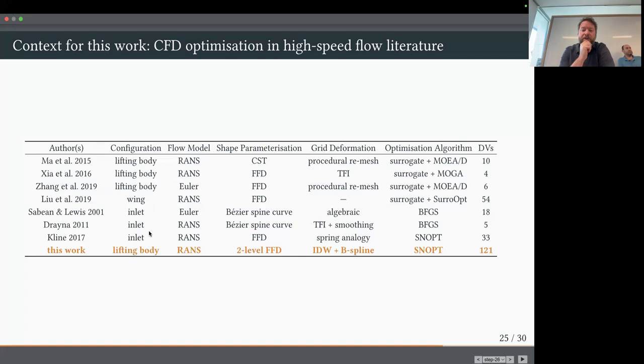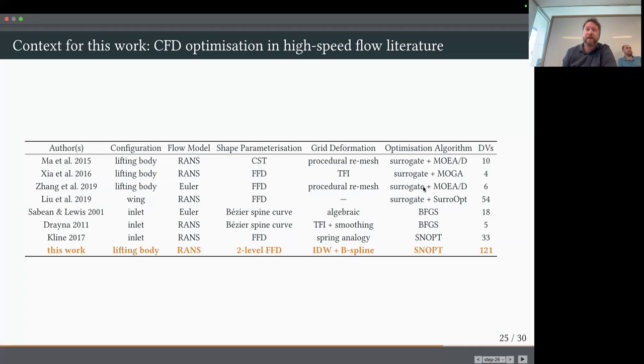Various flow models have been attempted: Reynolds-averaged models and Euler models. That's the Euler. Shape parameterization across different attempts, and we sit here with this two-level freeform deformation approach. For the grid deformation, I mentioned we deform the B-spline and then we propagate the other control points by inverse distance weighting, IDW.